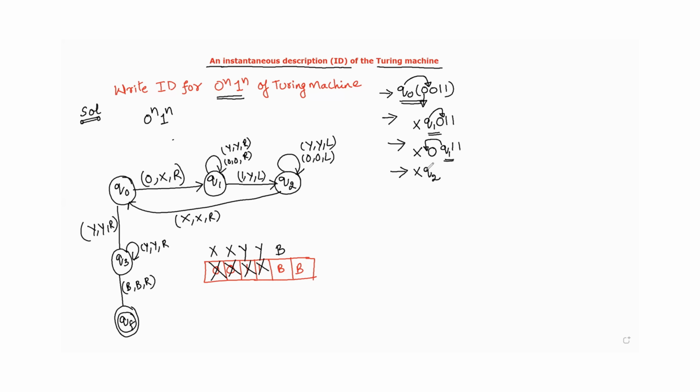That's why we come here, left side, q2 x q2. This 0 remains the same. What is the value of this 1? 1 is converted to y. Then 1 remains the same.